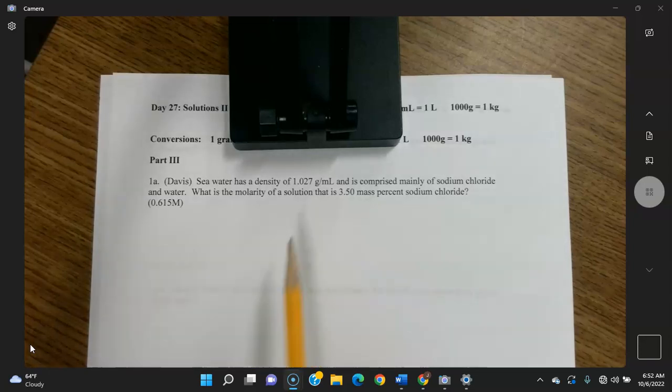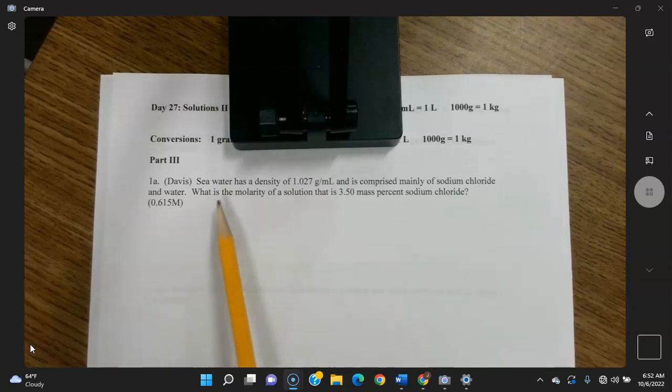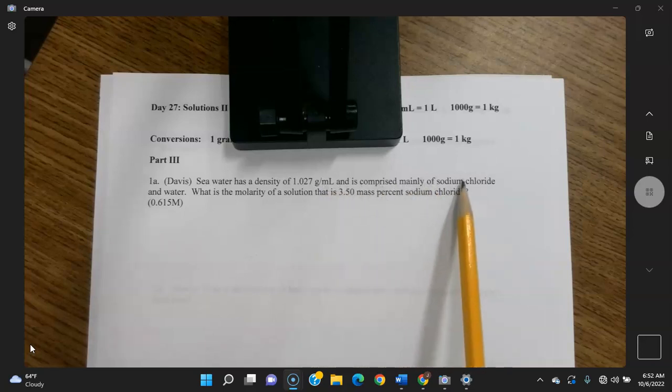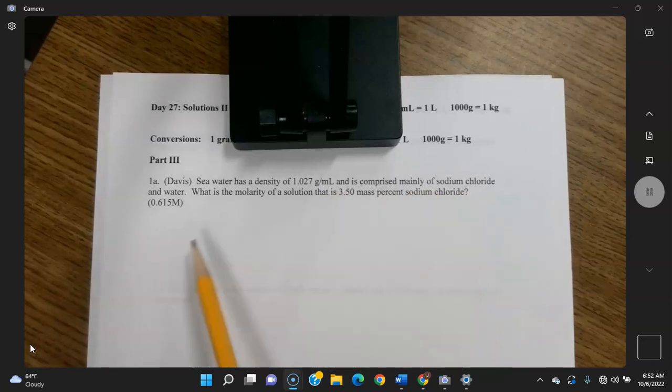I like this problem because it incorporates so many of the concepts that students can find difficult in stoichiometry and solution stoichiometry, okay? So these problems all come from either college level lectures or college level textbooks, so you're moving up pretty quickly here. Okay, so seawater has a density of 1.027 grams per milliliter and is comprised mainly of sodium chloride, that's table salt, and water.